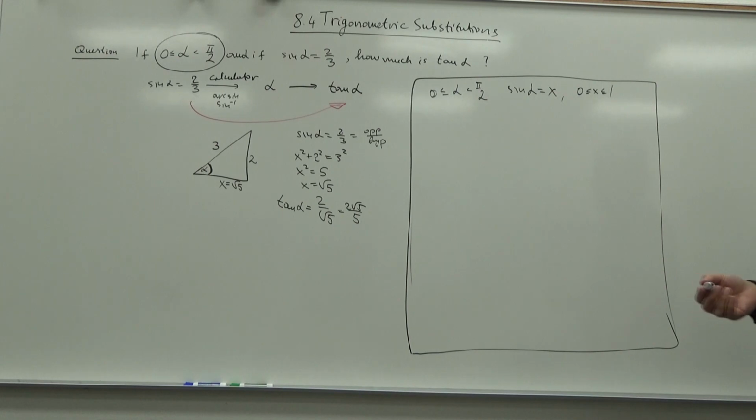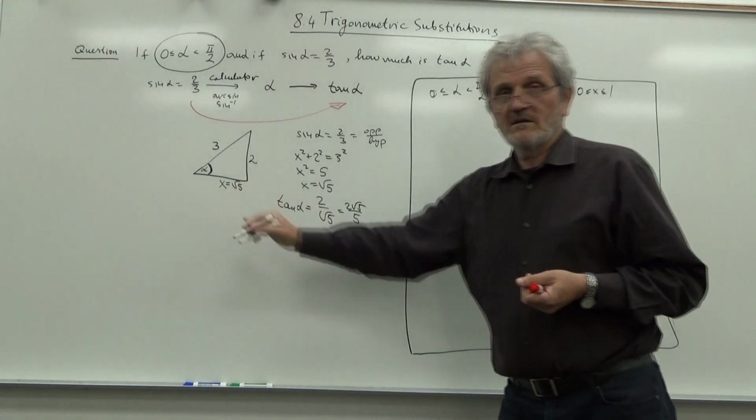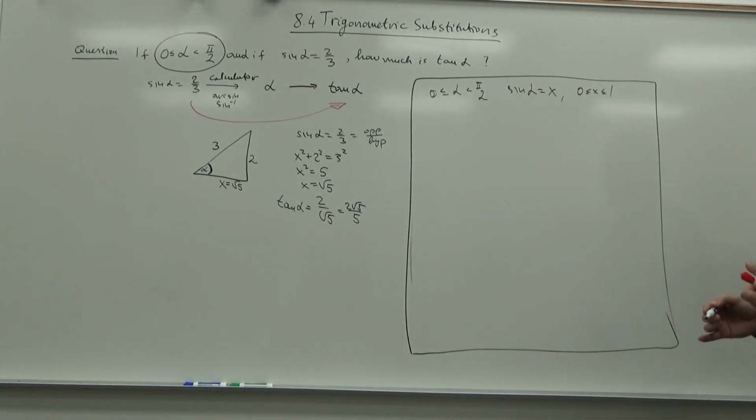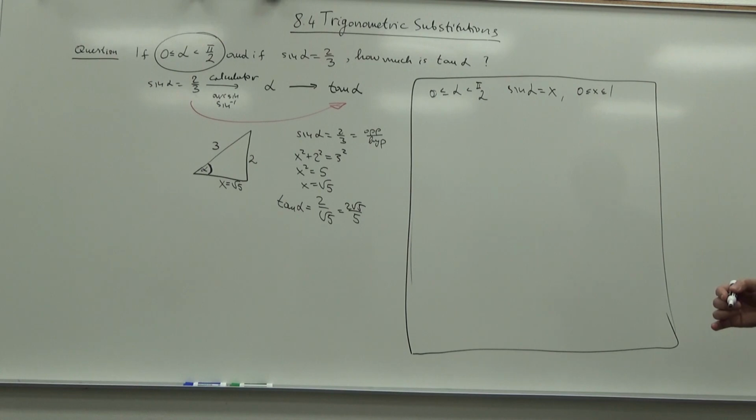Can we repeat the same procedure? This x and this x here have nothing to do with one another, so don't think that that's the same x from a minute ago. So what do we do here? We'll basically repeat the same procedure.